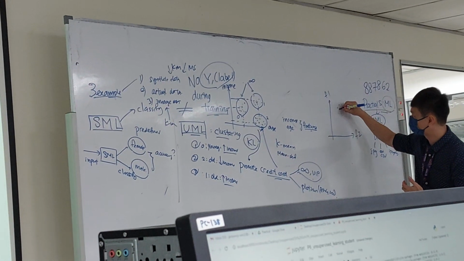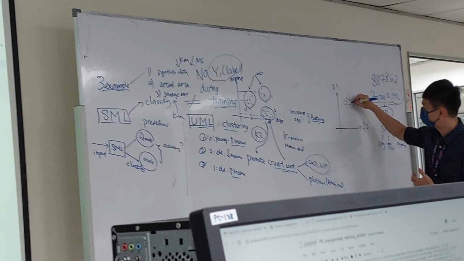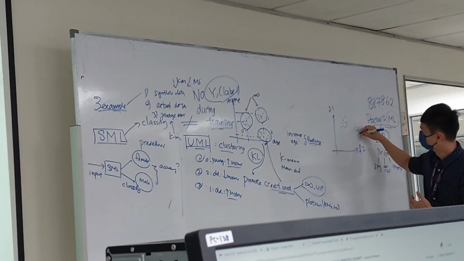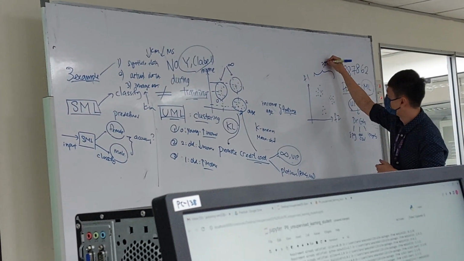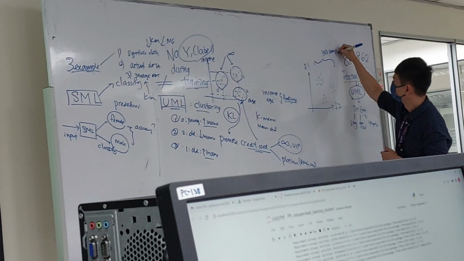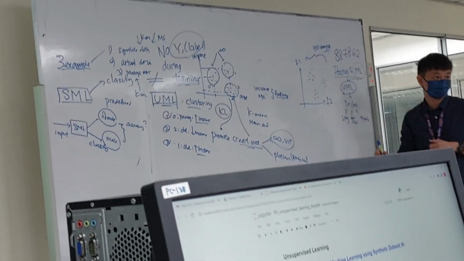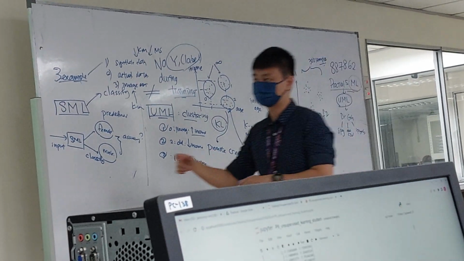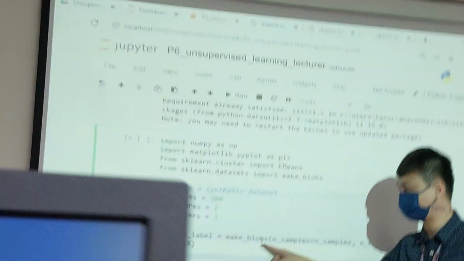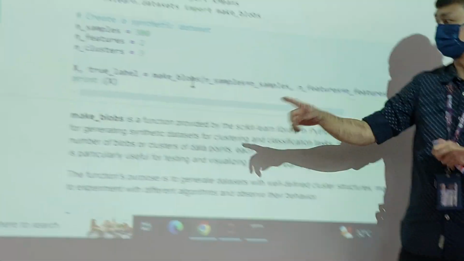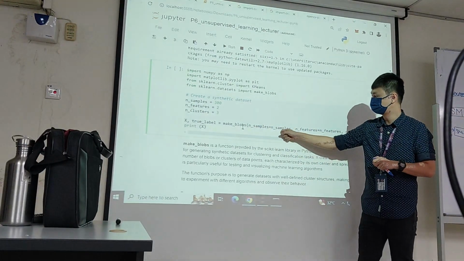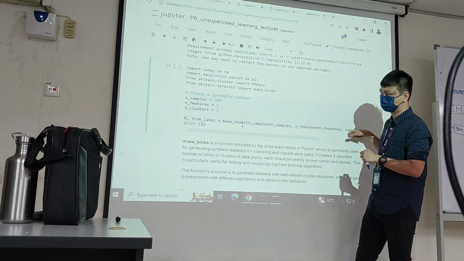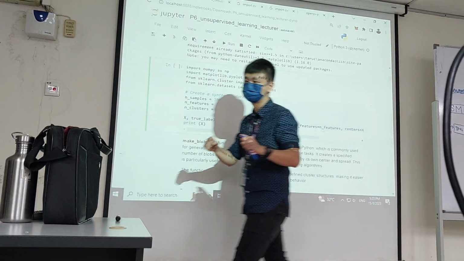So this data will somehow be around here, here, and here, with the total samples of 300. Now make this function to generate the so-called synthetic data, with 300 samples, 2 features, and 3 different clusters.